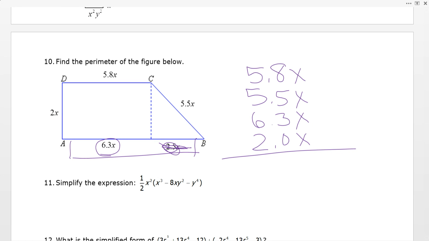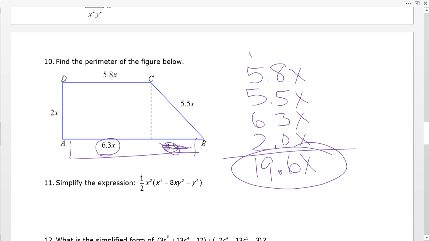Okay. So I have 8 plus 5 is 13 plus 3 more is 16. 10, 16, 17, 18, 19. Bring down my decimal, put my x, so the perimeter is 19.6x.